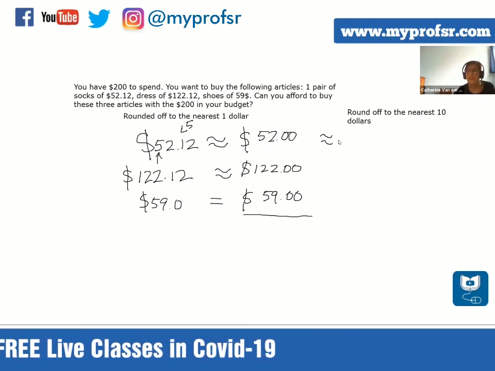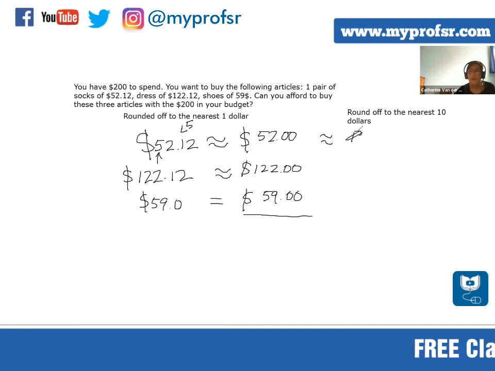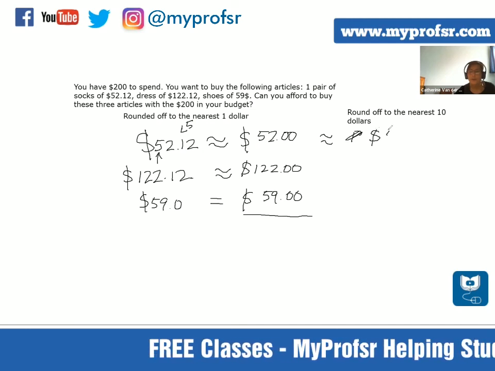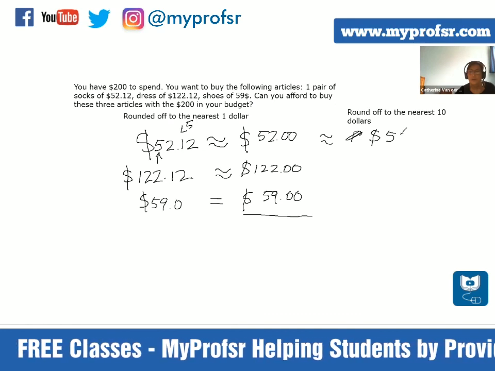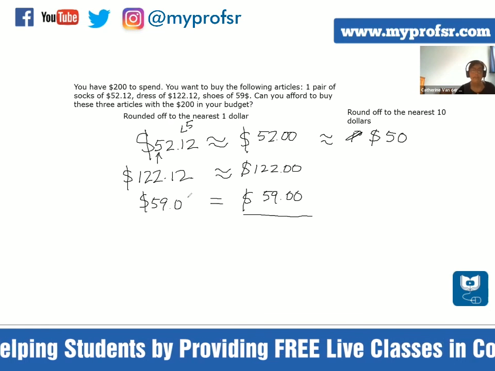So this is going to become $50, because we're rounding off to the nearest 10.